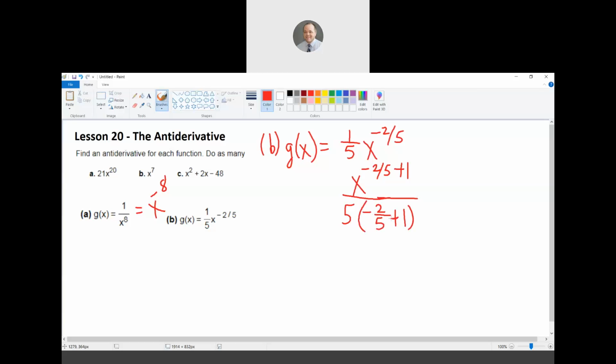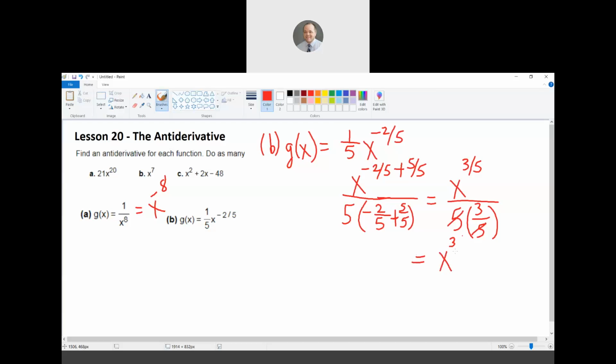Now 1 is the same thing as 5 over 5. Just makes it easier to simplify. So we have up top x raised to the 3/5 power all over 5 times 3/5. And one final thing we can do before adding our constant is cancel out the 5's.